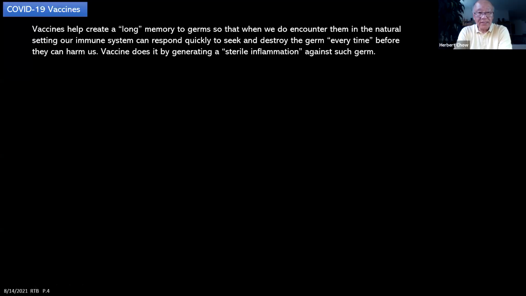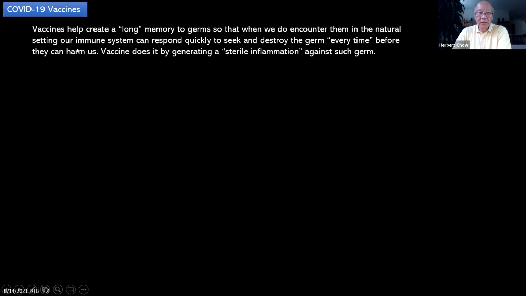So what is a vaccine? A vaccine helps to create a long-term memory to pathogens so that when we do encounter them in the natural setting, our immune systems will recognize them quickly and then seek and destroy the germs first time, every time, before they can hurt us.